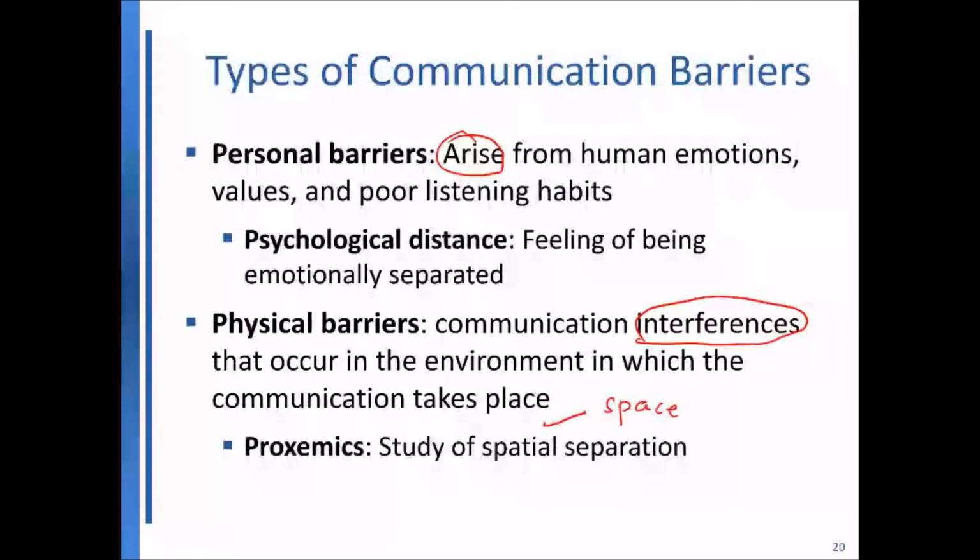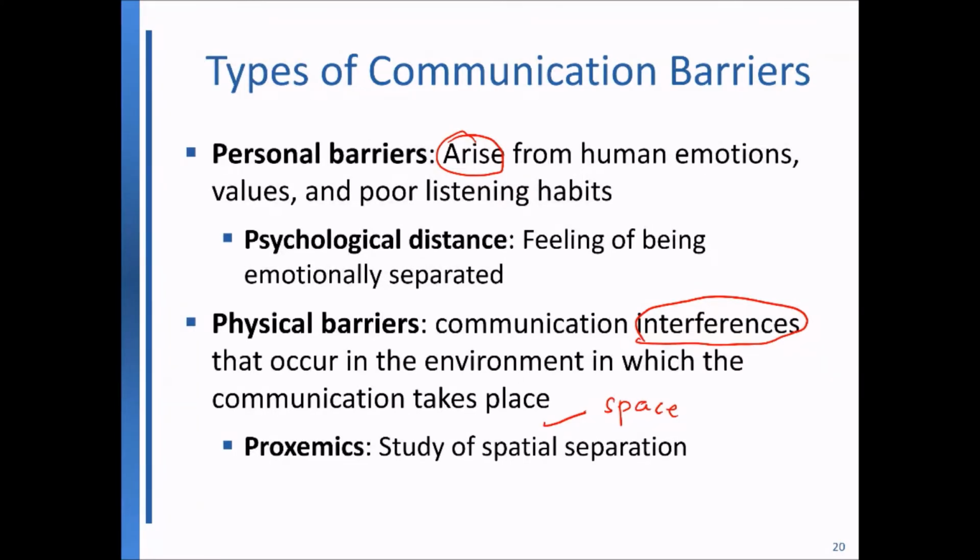Teacher, sorry to interrupt, but personal barriers are about you, and physical barriers are about the environment, like in the road, the noise of the car. Correct. Personal is about you, how you feel. Noise outside or even other people, if they are very noisy, you cannot concentrate on your conversation.